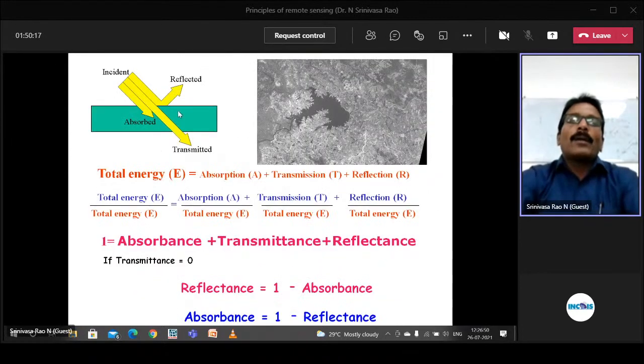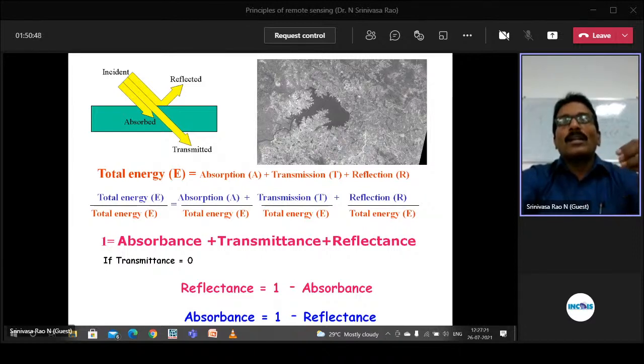Now, if you see in this diagram: energy falls as incident, then absorption, transmission, and reflection. Transmission takes place in two cases only, either a water body or glass. Other than water bodies, everything remaining on the earth is non-transparent: land, buildings, vacant land, vegetation, hills, anything.